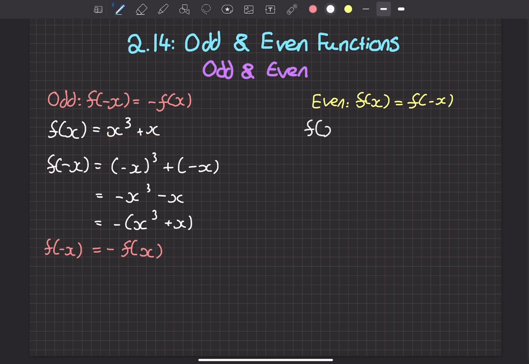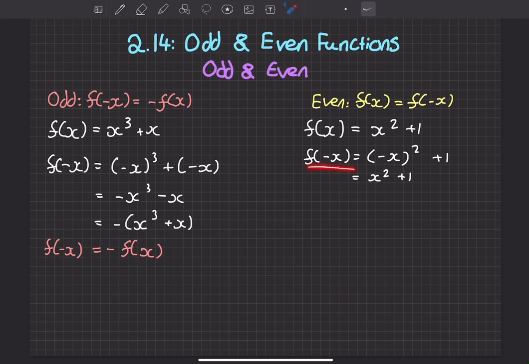And an even function is, let's say we have f of x equals x squared plus 1. A very simple function. f of minus x is minus x squared plus 1. Since it's squared, the sign will change to positive. And now you just have this here is the same as this here.